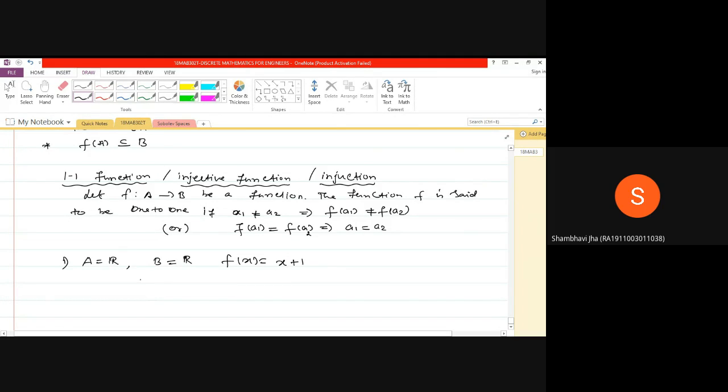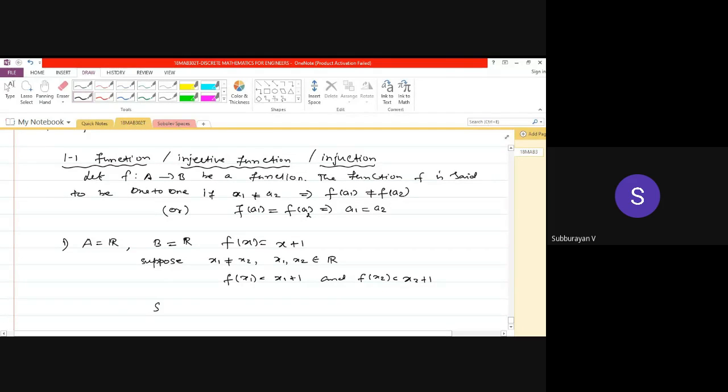Suppose you take x1 not equal to x2, and x1, x2 belong to R, both are real numbers, but they are distinct real numbers. Then what is f of x1? F of x1 is x1 plus 1, and f of x2 is equal to x2 plus 1. Suppose it happens that f of x1 is equal to f of x2, then what will happen?